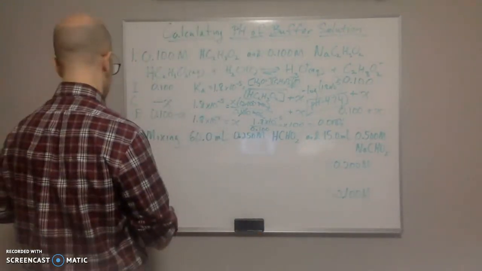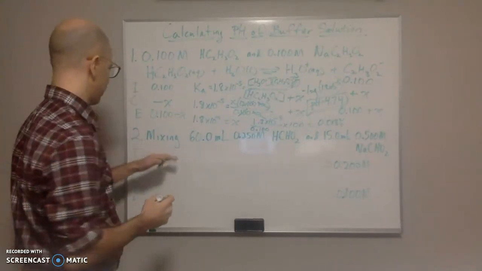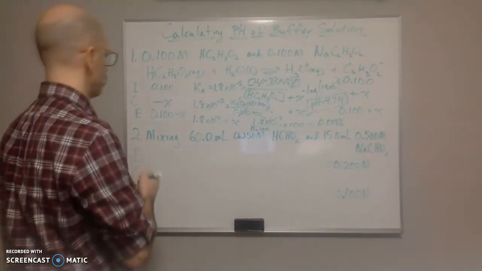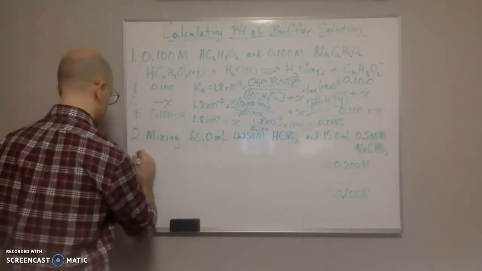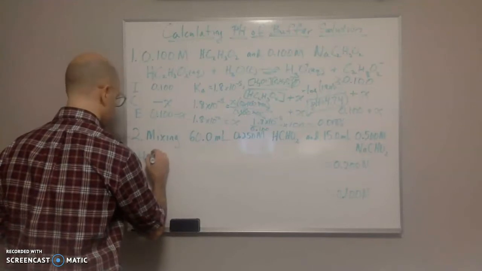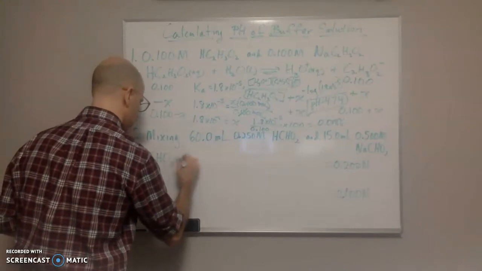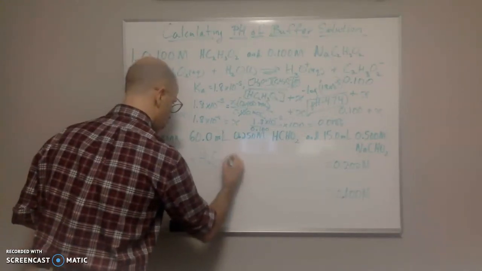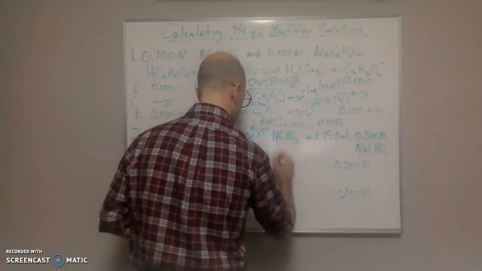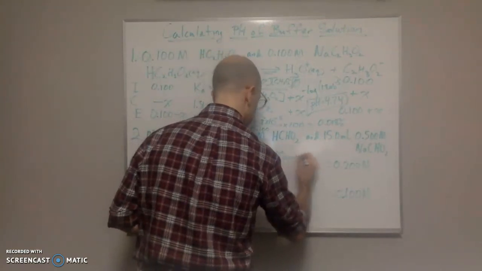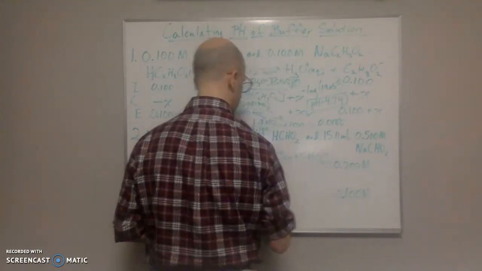Okay, so let's do our ICE table. We're going to do the initial and final. Let's write out our equation first. So we have HCHO2 aqueous plus water liquid, that's going to give us H3O plus aqueous plus the CHO2 minus aqueous.